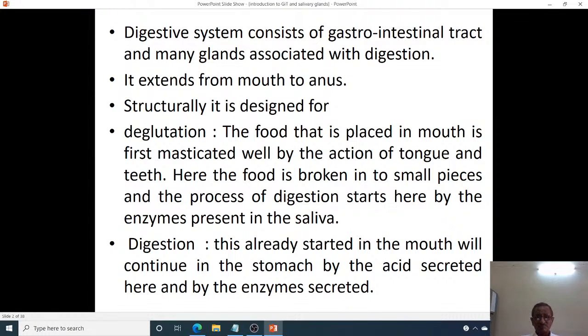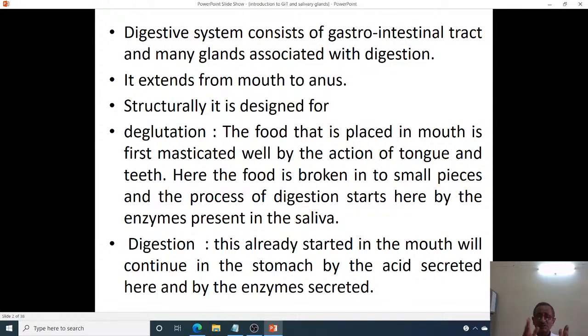Next, digestion. So that's about the degradation. In the process of degradation, the food that we have taken is ground into small pieces or even paste, and it is added with saliva to make it easy for grinding, and then from there it goes into the next part, that is the pharynx and esophagus.